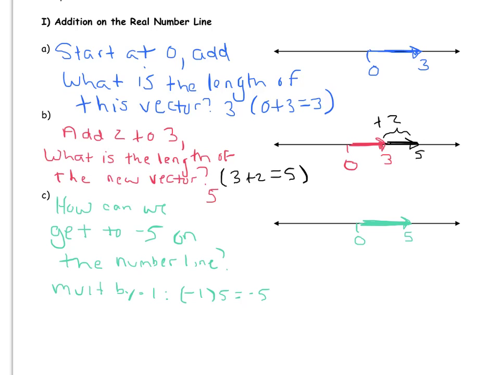So if we think about this in terms of vectors, geometrically what we've done with this vector here is we've rotated it so that now it's facing in the complete opposite direction.